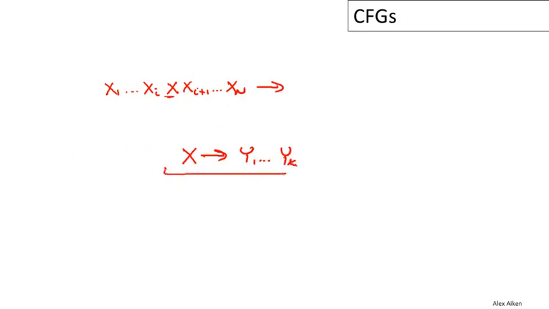So to write this out slightly more formally, a single step here consists of a state, which is a string of symbols, and these can be terminals and non-terminals. Somewhere in this string is a non-terminal X, and there is a production for X in our grammar. So this is part of the grammar. Okay, this is a production.